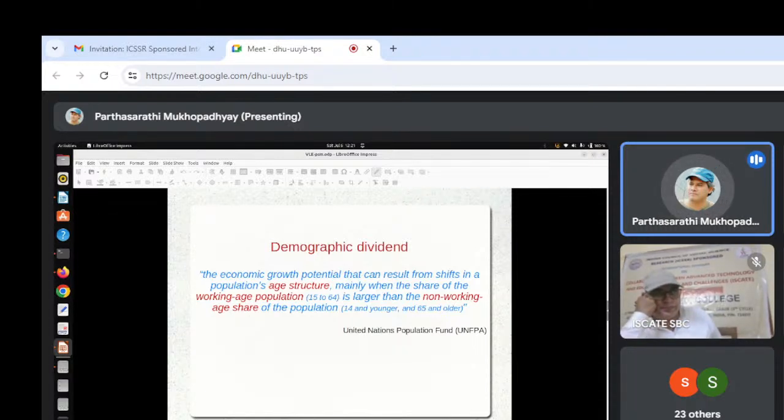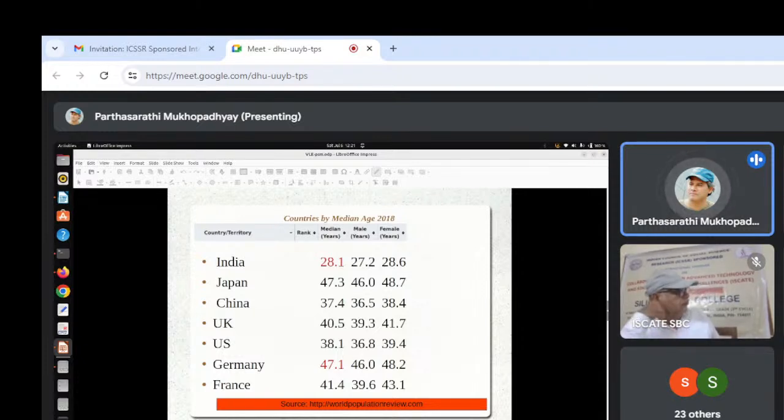So presently India is running through this cycle. We are enjoying the demographic bonus. Our working age share is higher than the non-working age share, and interestingly, India will be the youngest country of the world by 2028. And I have data to prove it. If you take the median age of different countries, you see the median age of India on the basis of 2018 data.